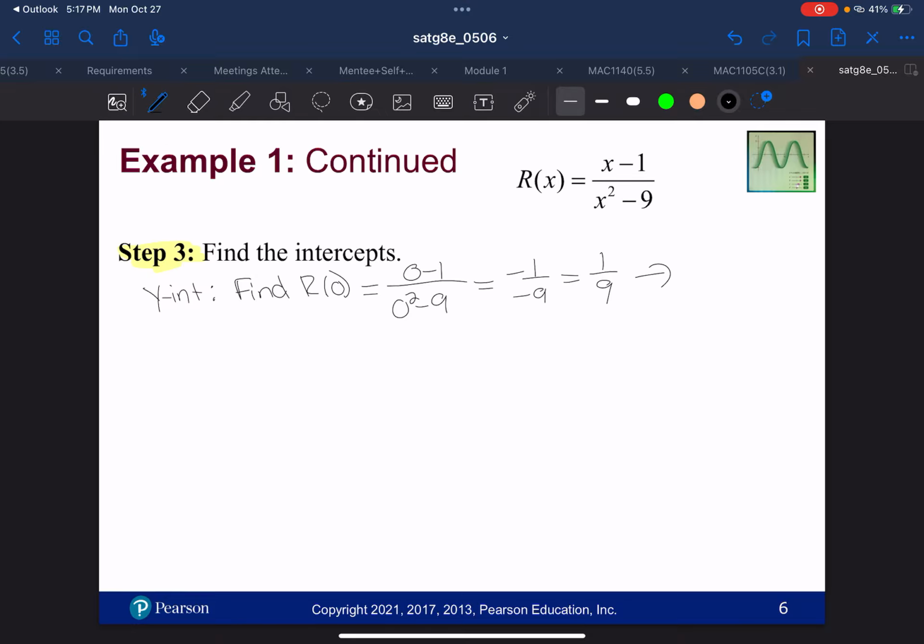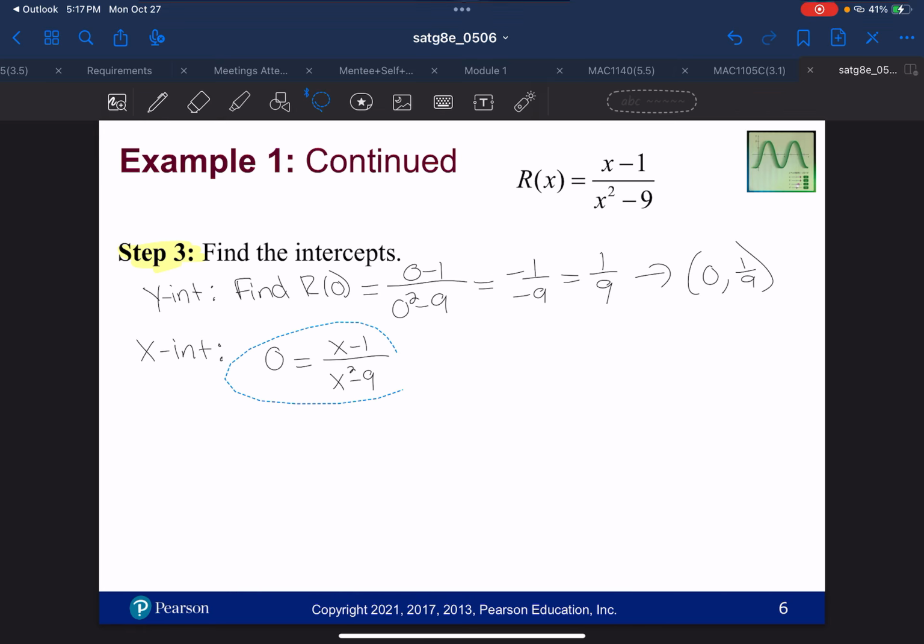So the y-intercept would be (0, 1/9). And then to find the x-intercepts, we will set the entire function equal to 0 and solve. But really, this is the same thing as just setting the numerator equal to 0. Because to solve this, I would have to multiply both sides by the denominator so that I can cancel the denominator.